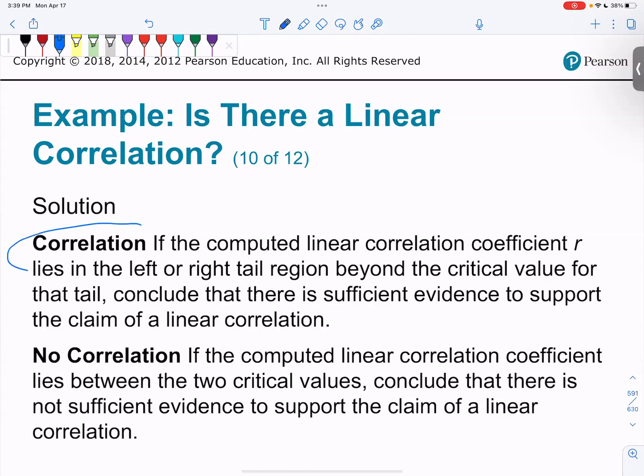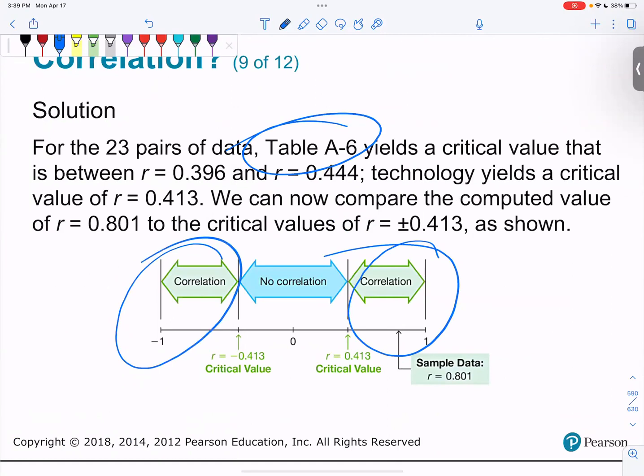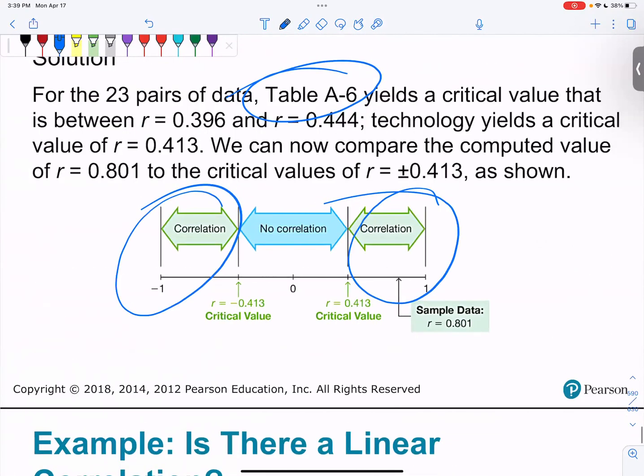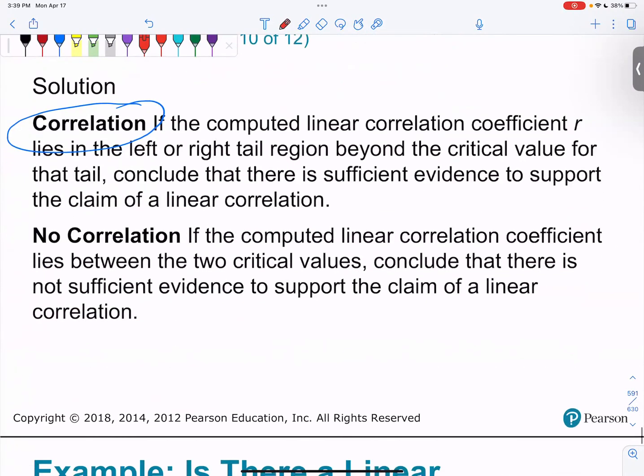So this is how to say, so we did say, okay, any value will be here or here. We have correlation, and any value will be somewhere here. We can say, yeah, we don't have or no linear correlation, okay?